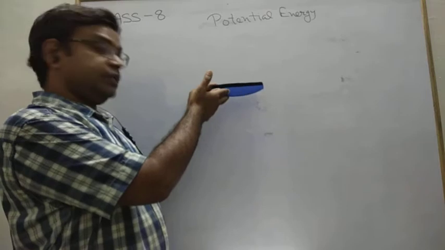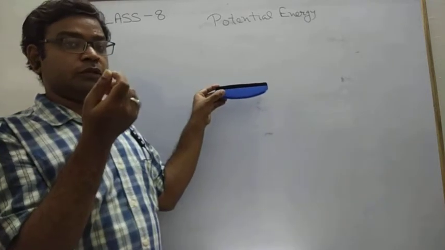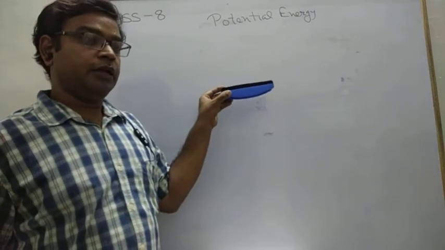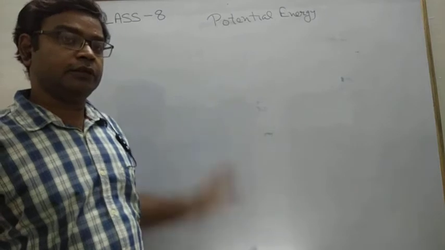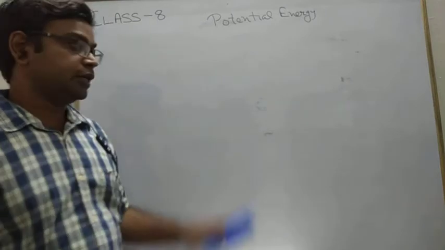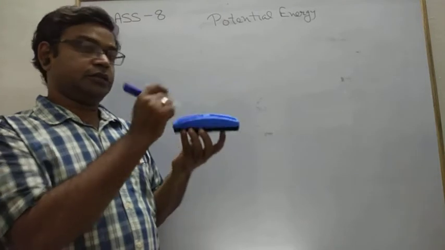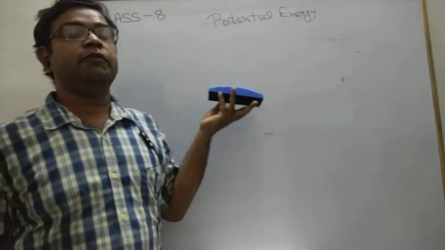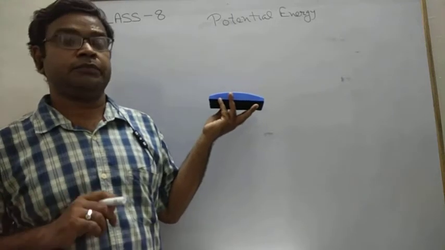Due to the raising of height, one type of energy is stored in it. And when we leave this duster, what happens? The duster starts to fall and hits the surface like this. So the energy stored in the duster while raising it upward is a type of potential energy known as gravitational potential energy.